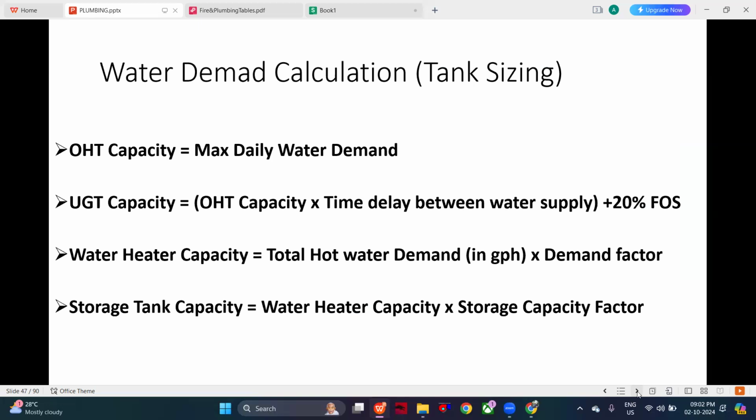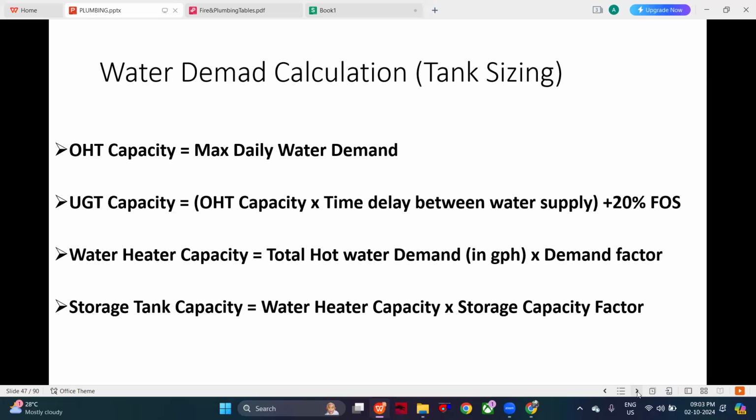For the UGT, the underground tank capacity is the overhead tank capacity times the time delay between water supplies, plus a 20% factor.